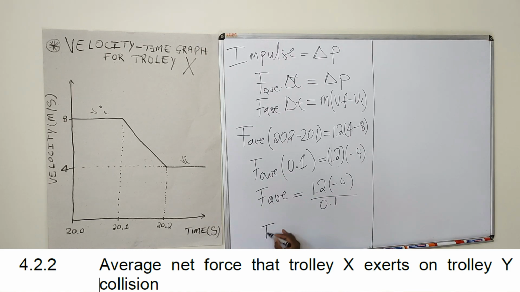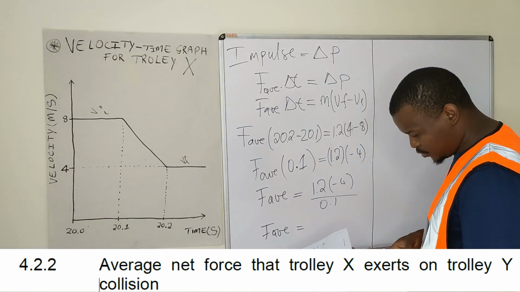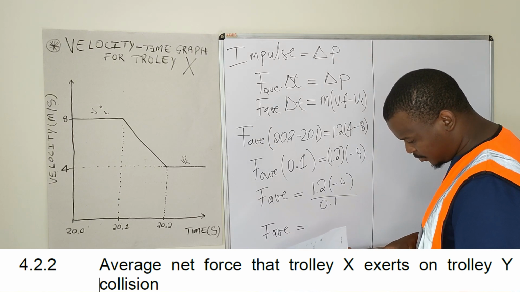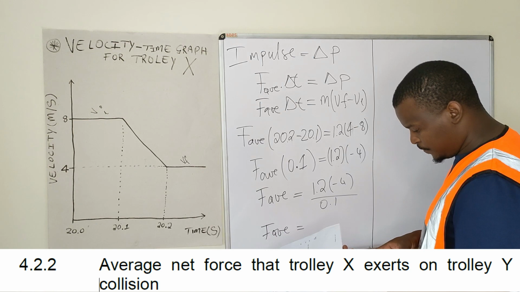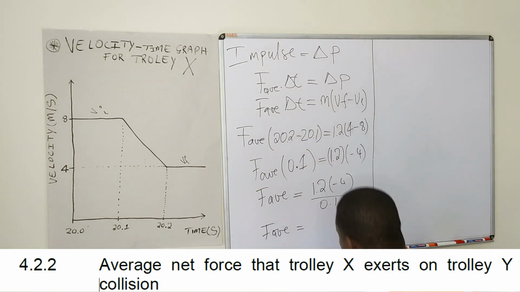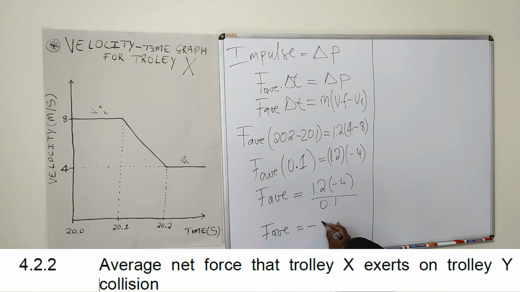Divided by 0.1 on both sides. So your average force is equal to, you punch this in your calculator and see what comes out. 1.2 times minus 4 over 0.1 is negative 48 newtons.